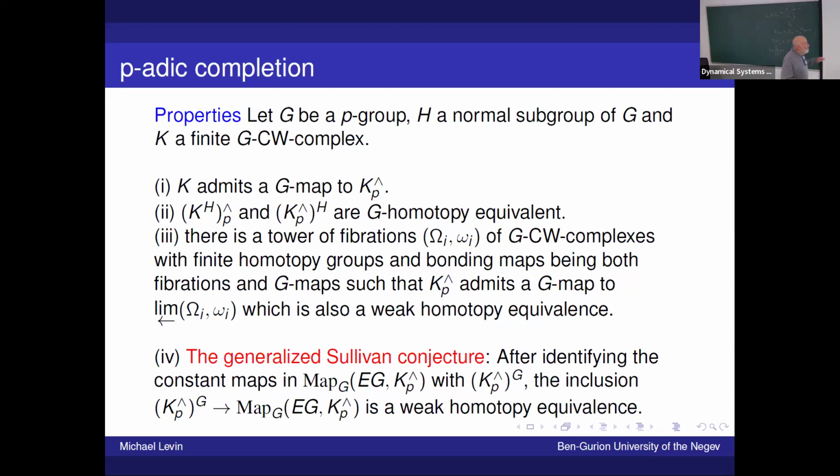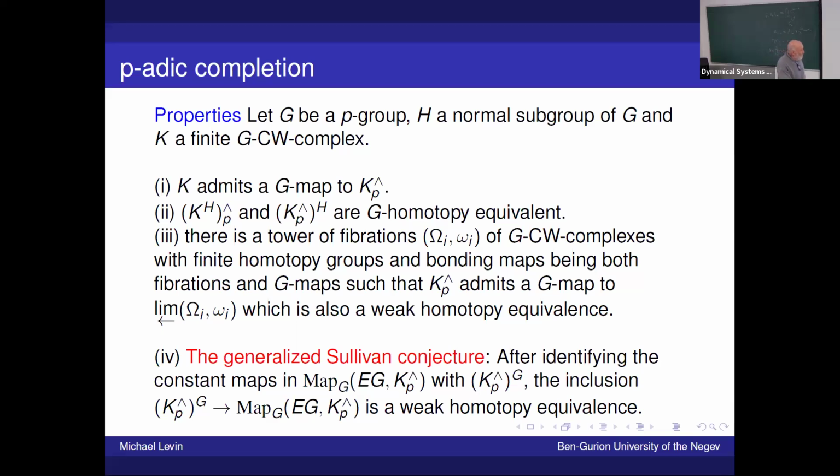Because if we take the K-theory completion of K, then K admits a G-map to its K-theory completion.